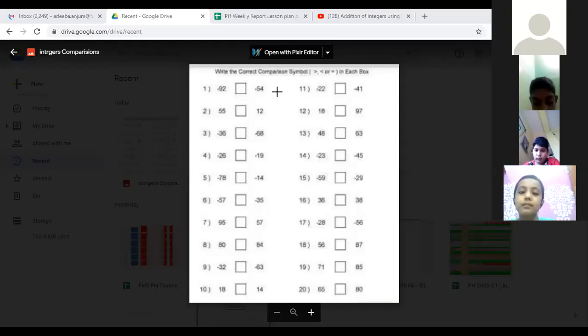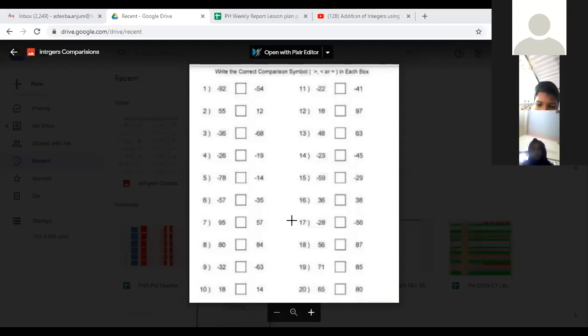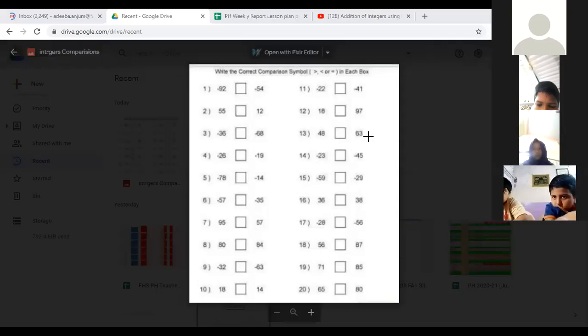Now everybody look here. This is the worksheet for you. Only a few have done this. I want everybody to answer this. We have all those numbers: positive, negative, a mixture of signs.